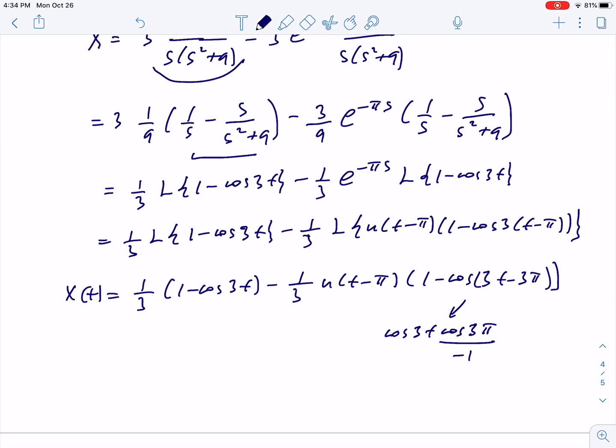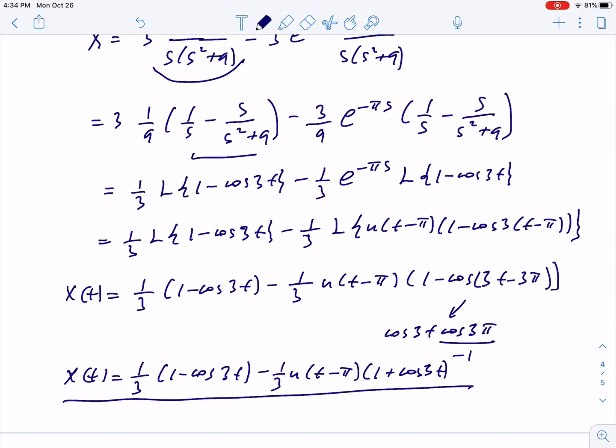And we have x(t) equals 1/3 (1 minus cosine 3t) minus 1/3 u(t minus pi) (1 plus cosine 3t). This is the solution.